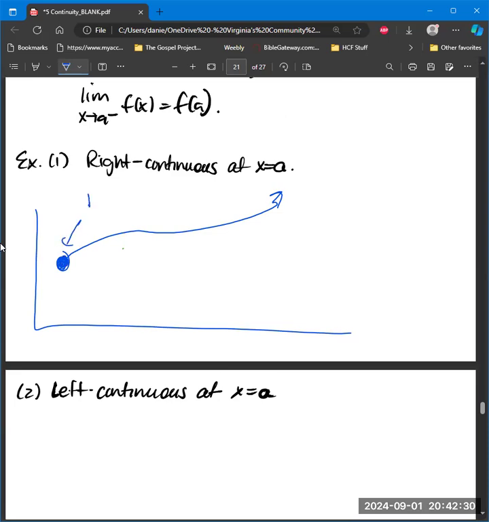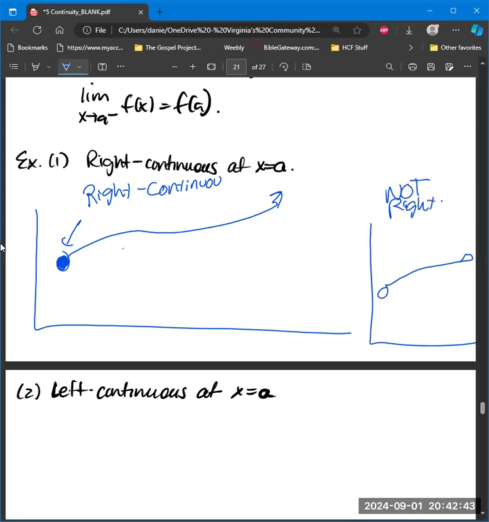So this is right continuous. What I wrote just a second ago is not right continuous, because you still have that hole if you're coming from the right there. So you have to have a point here and have a limit from the right.